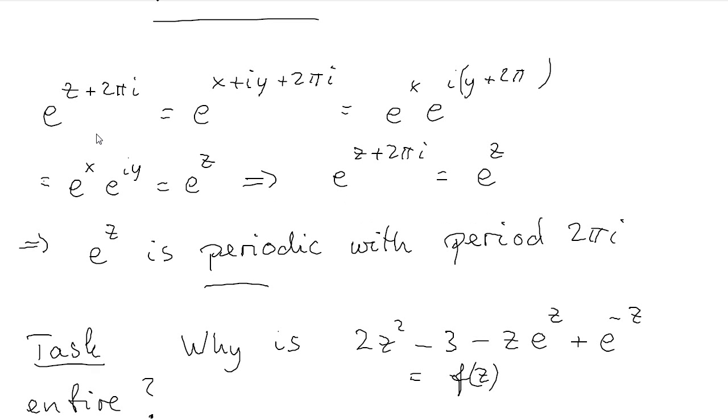We are going to show that the complex exponential function is periodic. In order to see this, just add 2 pi i to the argument z. z is equal to x plus iy, and we can collect the imaginary part, and we obtain this.